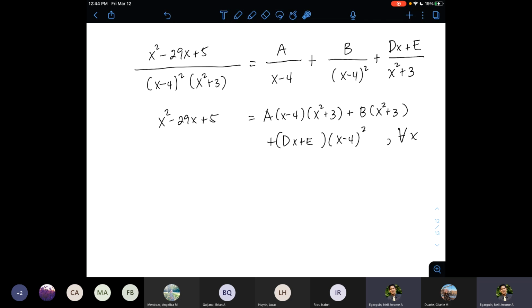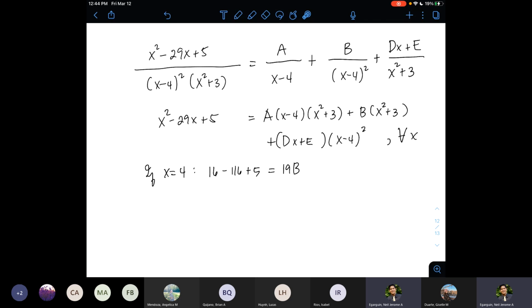Okay, and this should be true for all x's, okay? Now, let's see if we have a convenient choice for x. Well, I can choose x to be equal to 4. And then if x is 4, then we'll have on the left 16 minus 116 plus 5 equals, plug in 4. This will be 0, making the entire thing 0. The second term will be 4 squared plus 3, so that's going to be 19b.